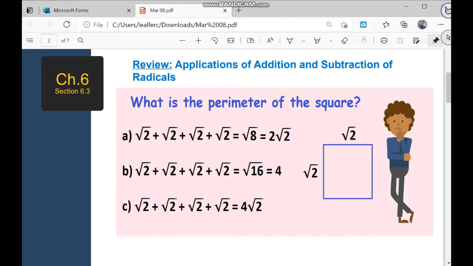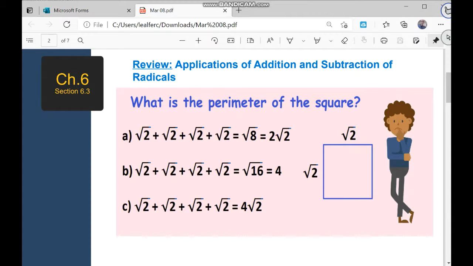The sides of the square have the length square root of 2. All the sides are the same, right? Square root of 2. And my question is, what is the perimeter of this square? How can you calculate? We all know that perimeter is the sum of all the sides.